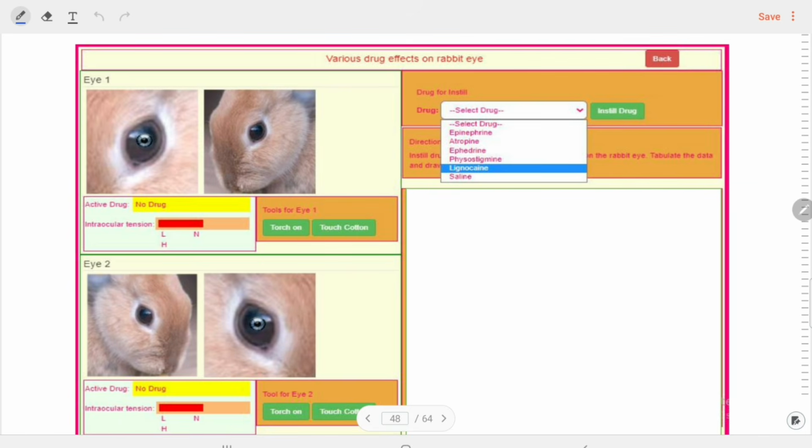Now the last drug is lignocaine. We all know this is a local anesthetic, and it will cause the blockage of the sodium channel in the inactivated state. You all know that the sodium channel is present in three states. Blockage of the sodium channel will lead to no corneal reflex.